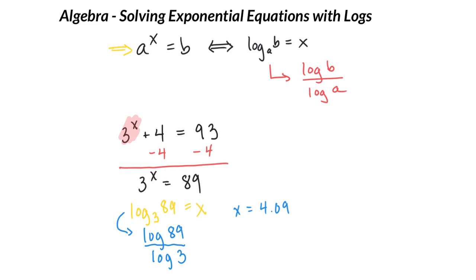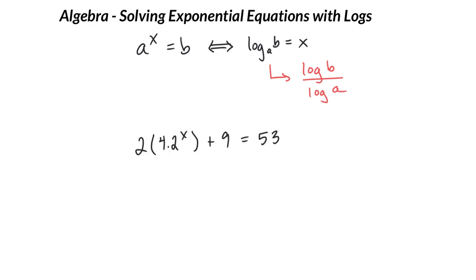Okay, let's do another problem. So here I've got 2 times 4.2 to the x plus 9 equals 53. And again, I want to isolate the exponential equation. I want to leave this part till the end. Because a lot of times people see parentheses and they think distribute, I should mention you can't multiply something that is not exponential into something that is. So we can't distribute a 2 into this.